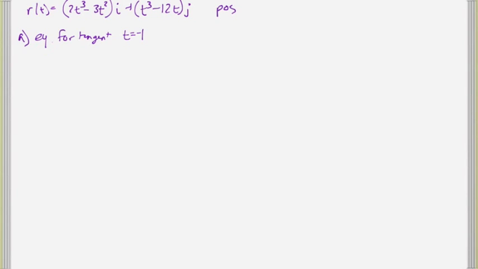I find this problem easiest if you think about it as a parametric equation. That x motion is being defined by the i part of this vector, and that y motion is being defined by the j part of the vector. So if I need a slope, I want to think about parametric slopes.